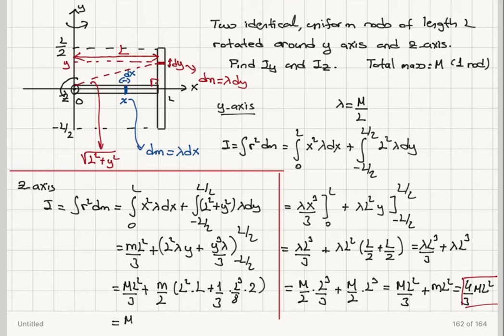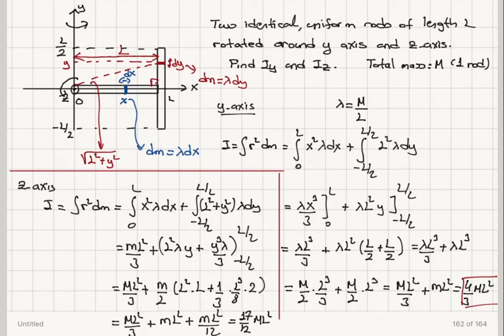So you can see that my answer here is ml squared over 3 plus ml squared plus ml squared over 12. If you calculate the total, this is actually 17 over 12 ml squared.